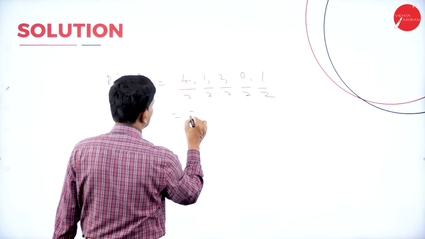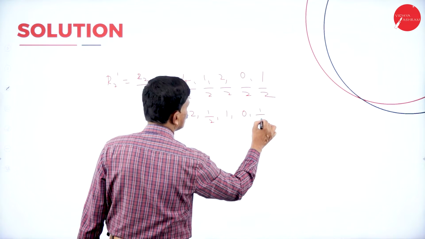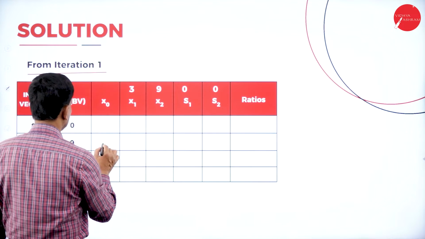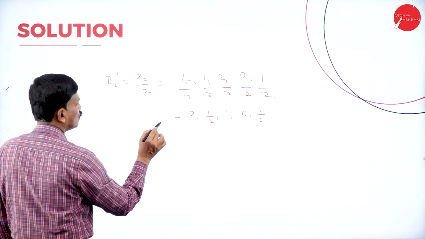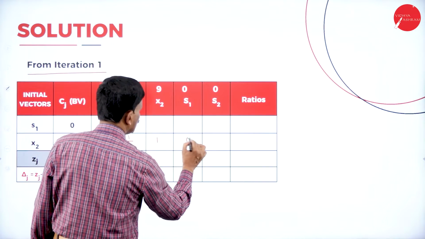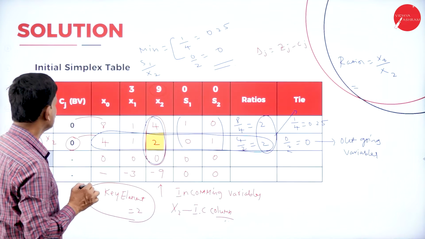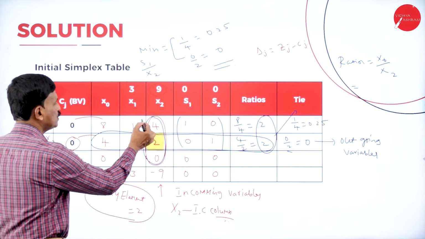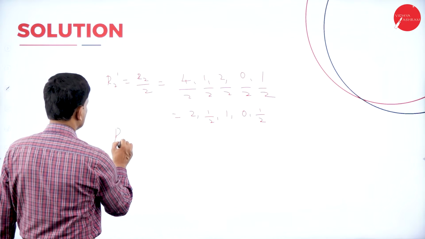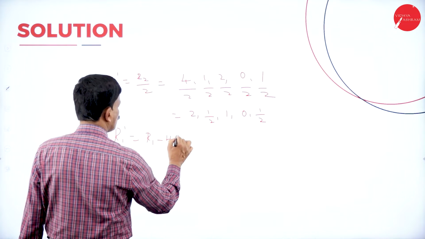So what will you get? 4 by 2 is 2, 1 by 2, 2 by 2 is 1, 0 and 1 by 2. Substitute these values in the table. Here R2 dash is 2, 1 by 2, 1, 0 and 1 by 2. Now to find R1 dash, convert this element 4 as 0. R1 dash is equal to R1 minus 4 times R2.